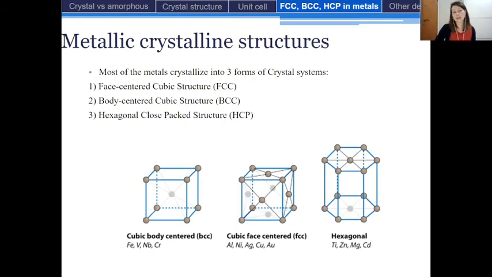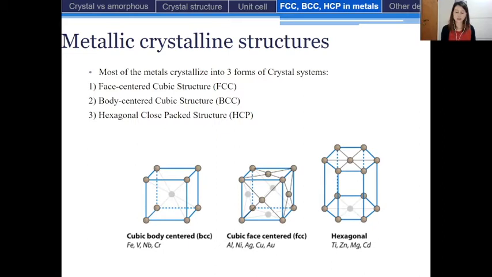So the metallic crystalline structures that we will find are basically three forms, because most metals crystallize into three crystal systems: the face-centered cubic structure, FCC, the body-centered cubic structure, BCC, and the hexagonal close-packed structure, HCP. And in fact, we won't find the simple cubic system very often.